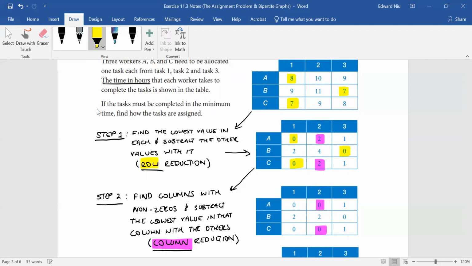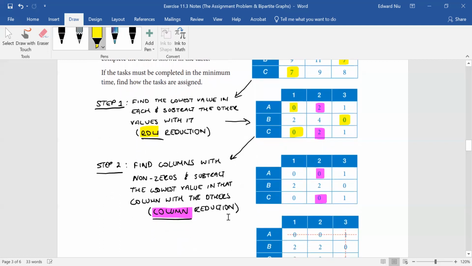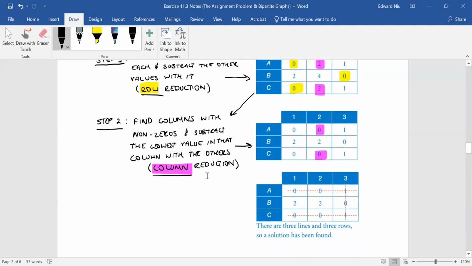Okay, so we did row reduction in yellow, column reduction in purple. Okay, and then the result we get is this. All right, so step 3.